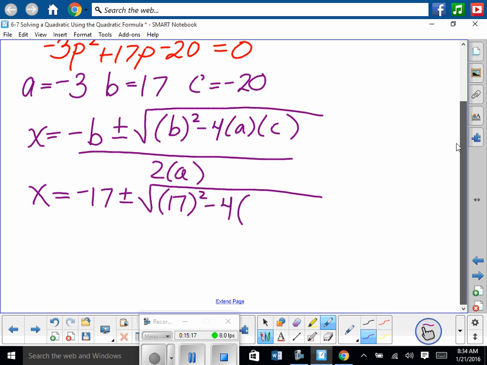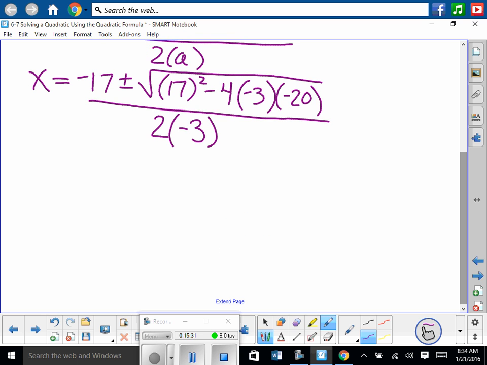A is negative 3. Times c. C is negative 20. We need parentheses. That's all over 2 times a. A was negative 3. Questions before I continue to simplify?